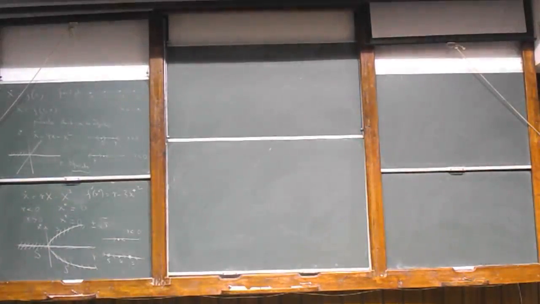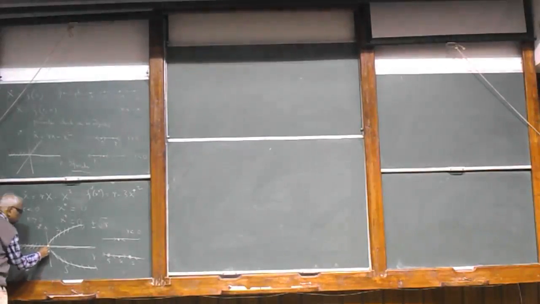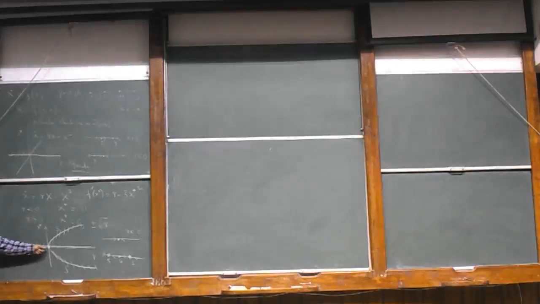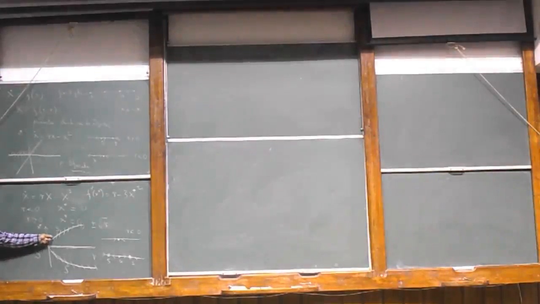So, all right, now there is again a bifurcation over here. At r equal to 0 and x star equal to 0, you have a bifurcation from one fixed point giving rise to three fixed points.